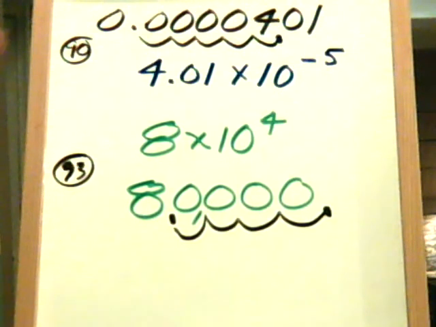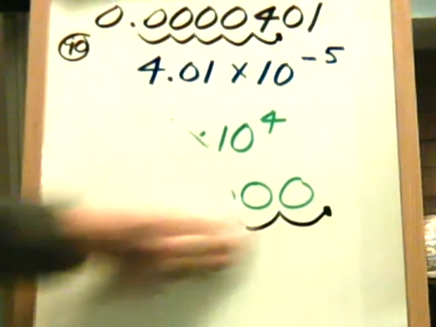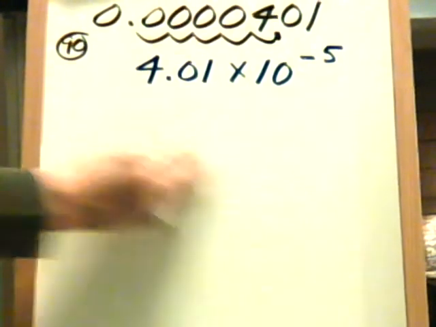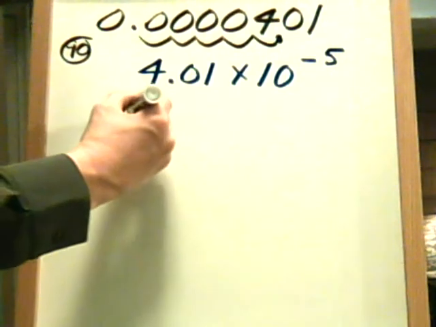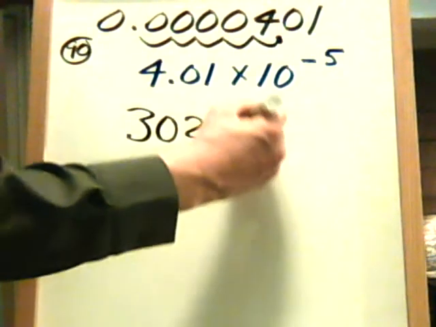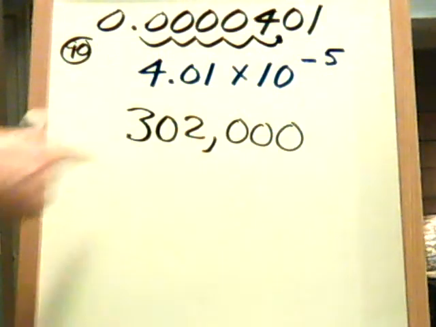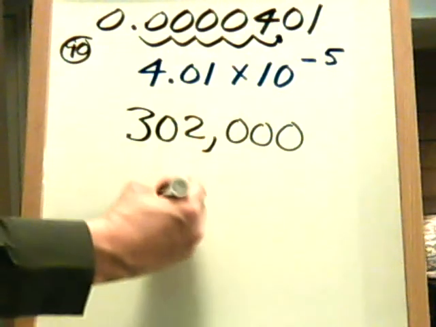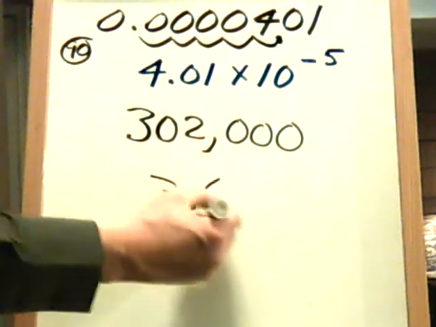Now, again, if we had, and I'll just make a fresh example here, a number like 302,000, you would take the very first number, which is 3, put a decimal point, and then 0, 2.